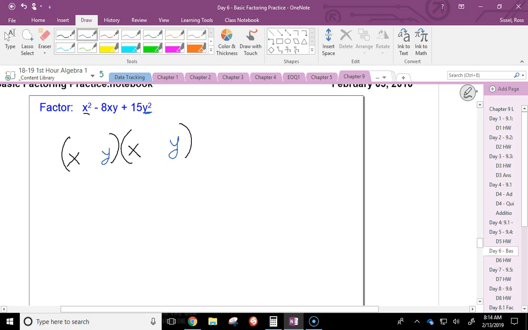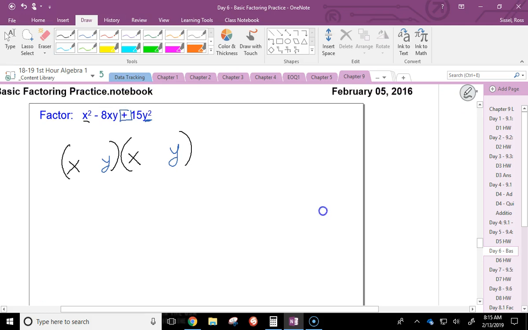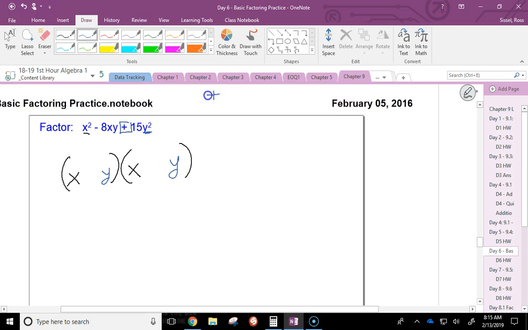Now, I'm going to still follow all the same rules we've been doing. C was a positive number, which means I'm multiplying either positive positive or negative negative. When I look at my B term, it was negative. So that tells me I will be subtracting.